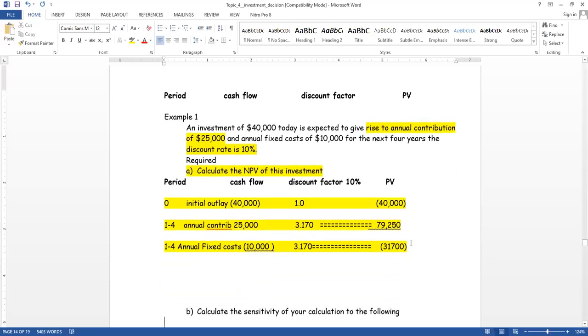Now, summing up the PVs of each of these cash flows, of course, I would get my NPV. So what would be my NPV?